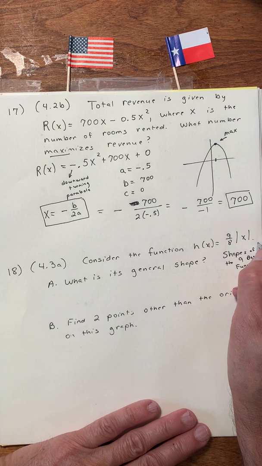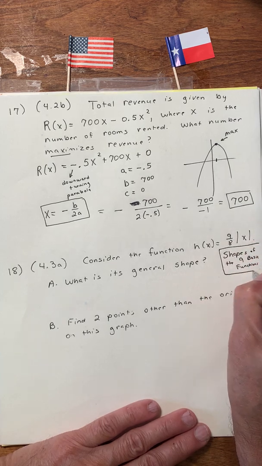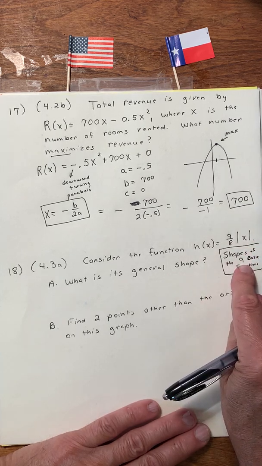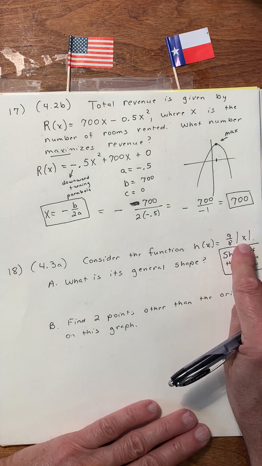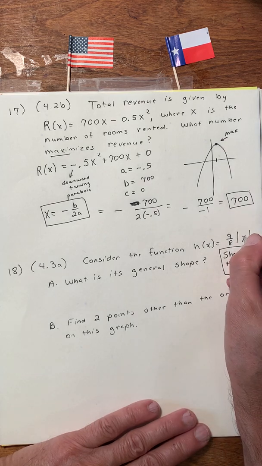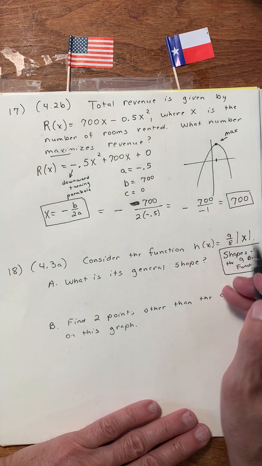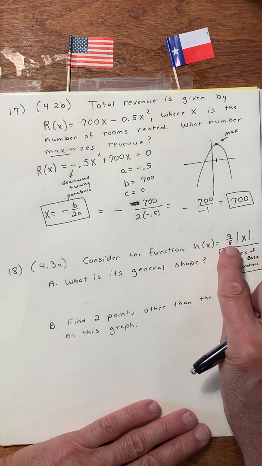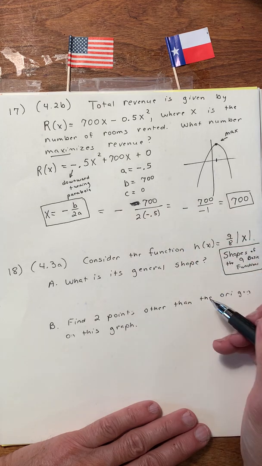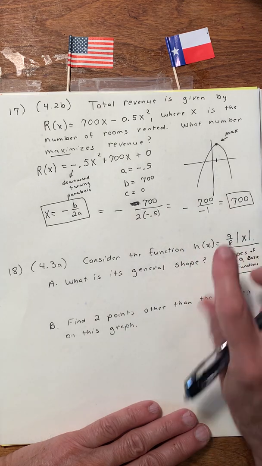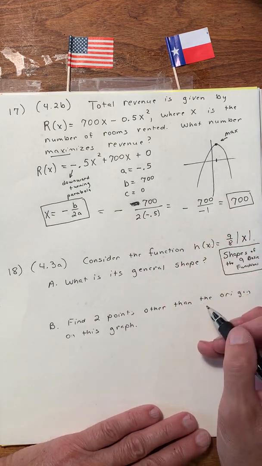I provided this for you. Make sure you have this handy because all you're going to do is look for the absolute value of x. And please notice the number in front is positive, which means it's still an upward turning V. If that number happened to be negative, it would be a downward turning V.